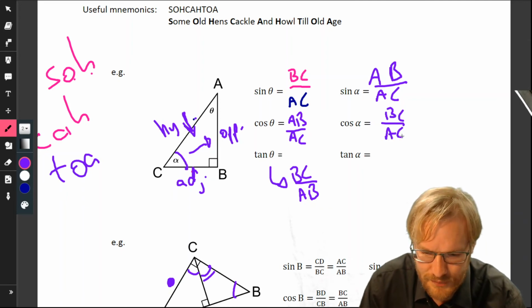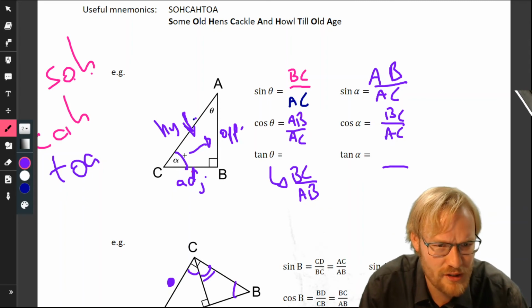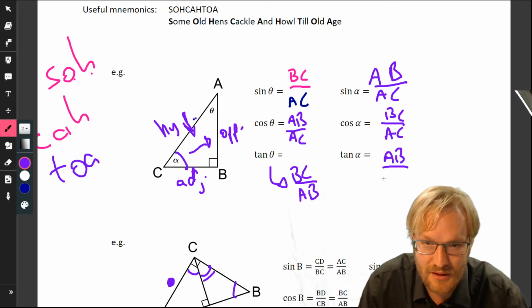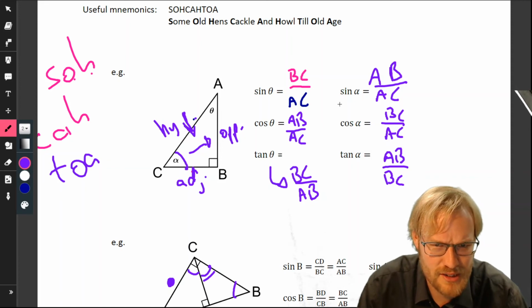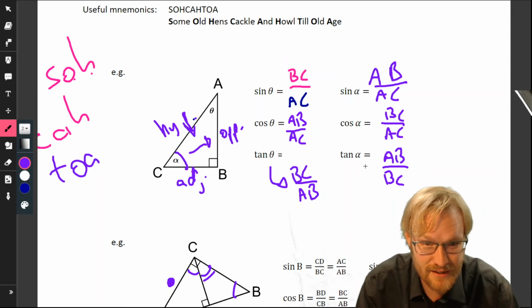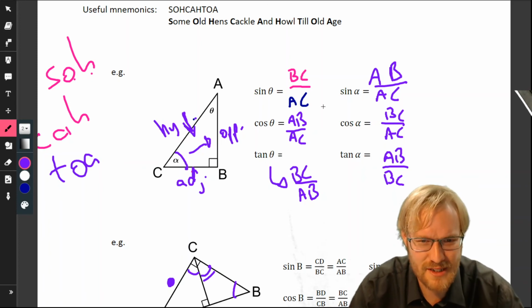And lastly tan of alpha: TOA, opposite over adjacent, so it's AB over BC. Maybe just look at the similarities here. Cos of theta is sine of alpha, and sine of theta is cos of alpha. Tan, these ones were just inverses, things that we'll get to at some stage.